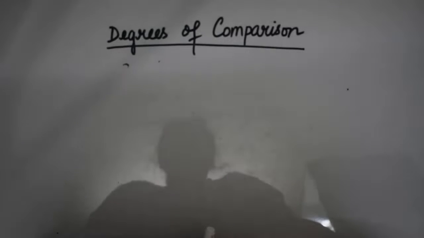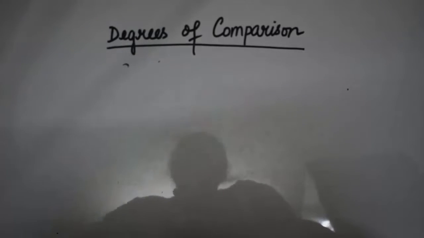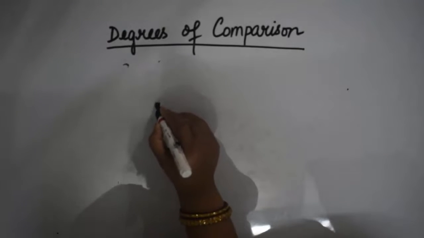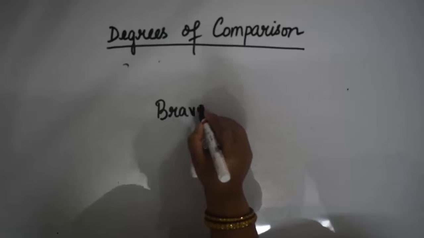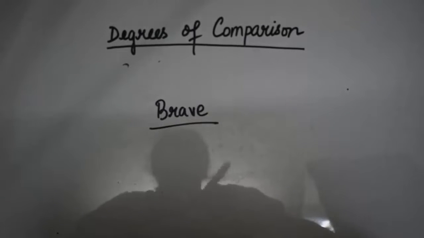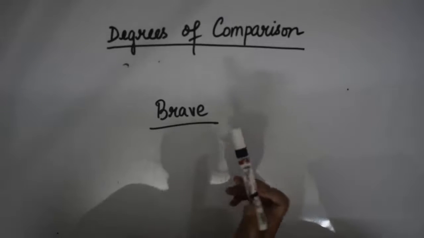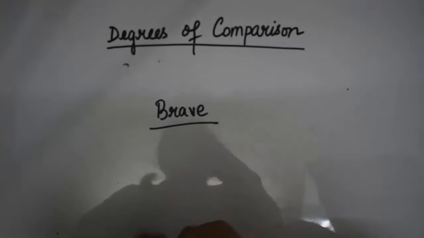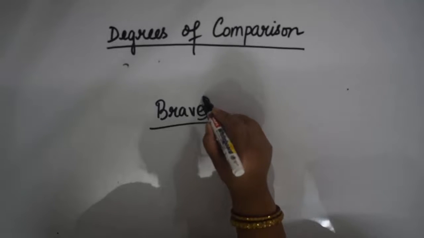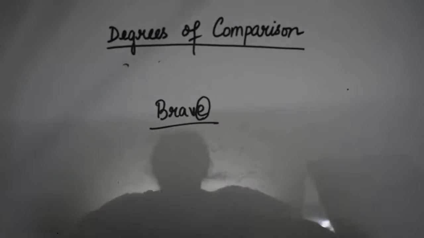Now you will find many positive words, many adjectives, that end in E. For example, the word brave. So this is the positive brave, and it ends in E. So now what you have to do, this rule is very easy.